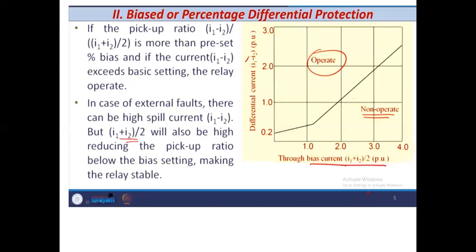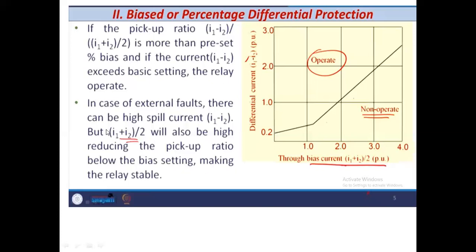Now if we consider any point, say the differential current or the spill current flows through the relay because of two reasons, then that point, because of the increase in the restraining current, will again fall down somewhere here.